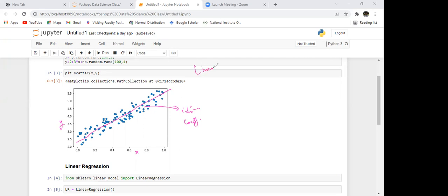So your linear regression is one of the supervised machine learning algorithms. It is parametric in nature. Parametric in nature means it is defined by a set of coefficients, right?